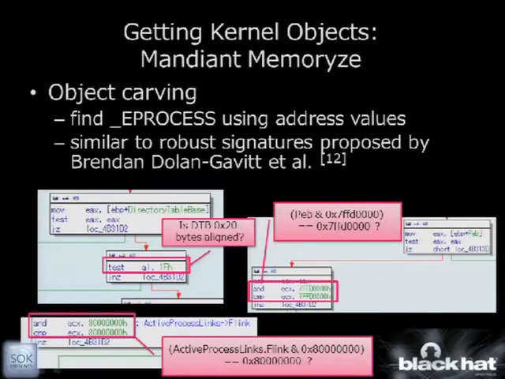For instance, is DTB 32 bytes aligned? Is the top 4 digits of PVE FFDF? Is the top single digit of ActiveProcessLinks 8? Memorize also checks other address values for validation. This method is very similar to robust signatures proposed by Dolan-Gavitt.